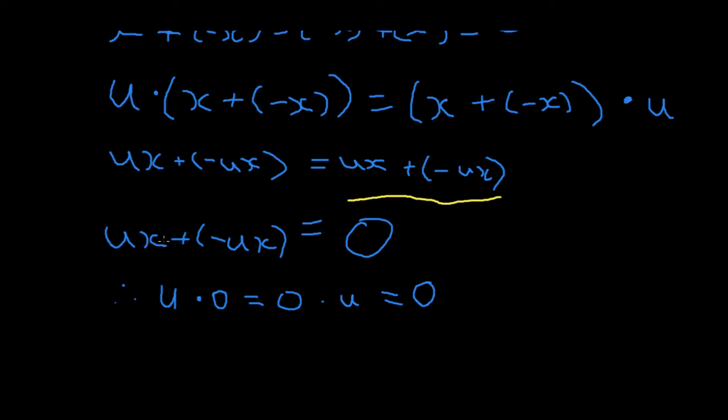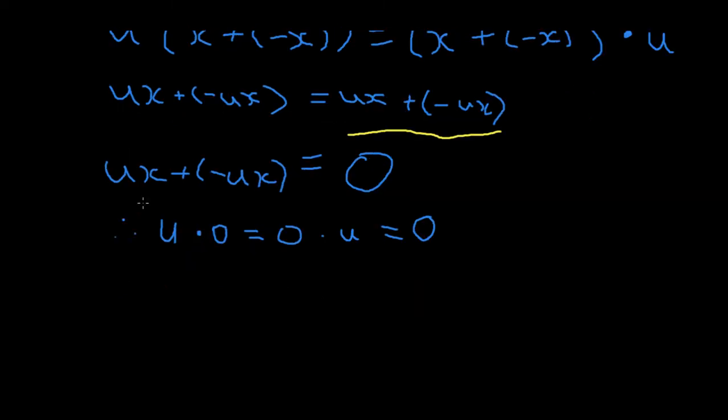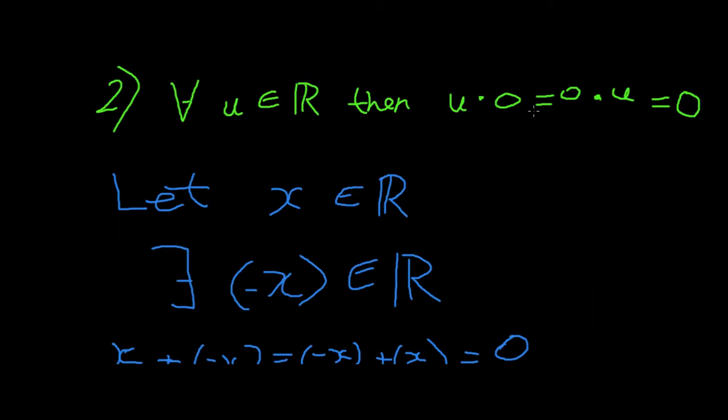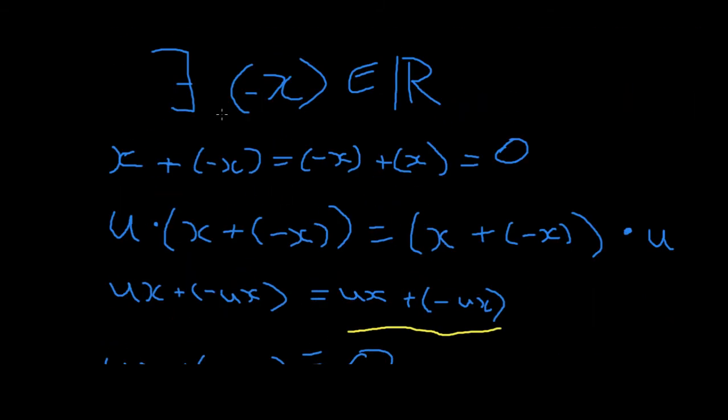So we're saying that ux plus negative ux is equal to 0, which is true. Because this is true, we proved it using the add inverse and the distributive law. We can say that u times 0 is equal to 0 times u, which is equal to 0. So we proved it not by multiplying, but by using the add inverse and the distributive law.